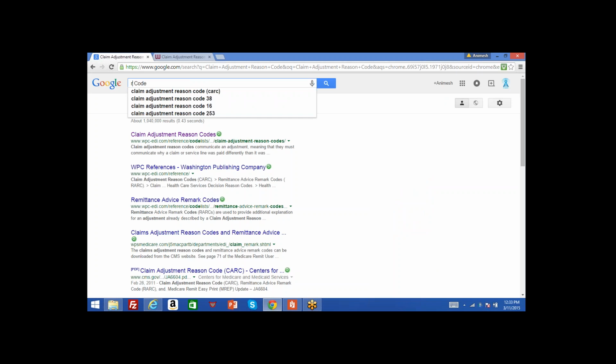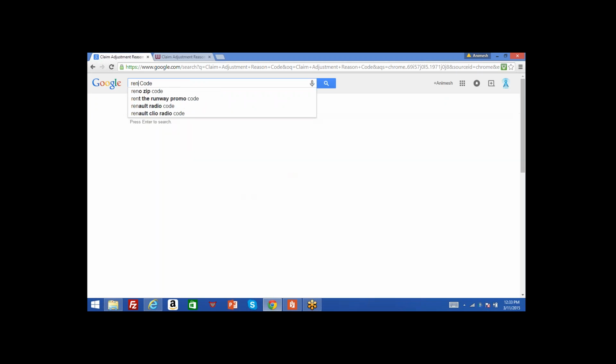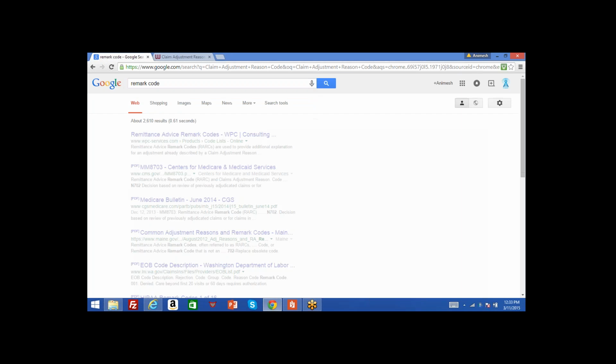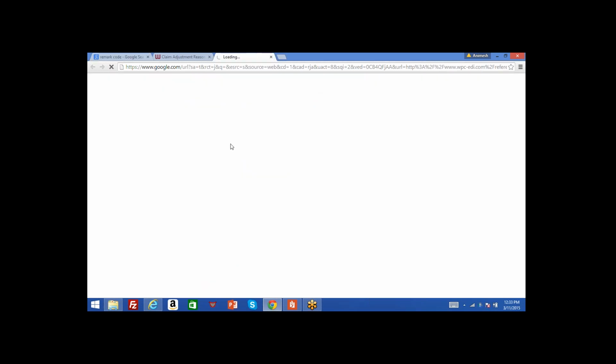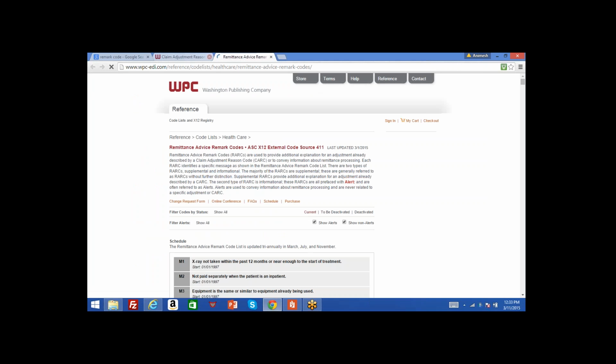Not only that, once this message is provided, there are some messages which require additional information. For example, if the claim is a duplicate claim, you need to specify message code 18, which says it's an exact duplicate.